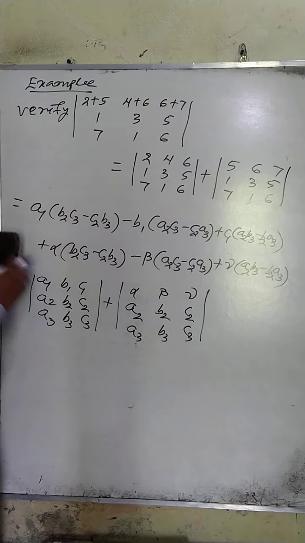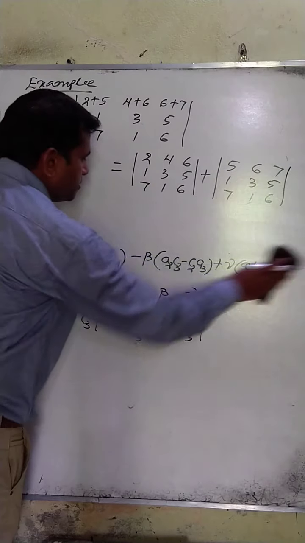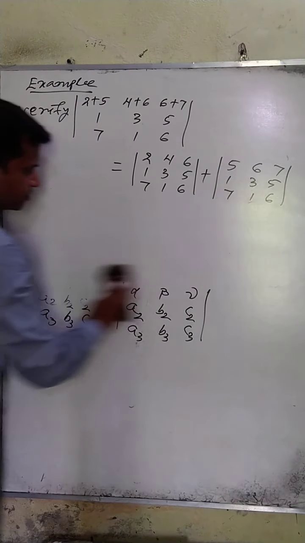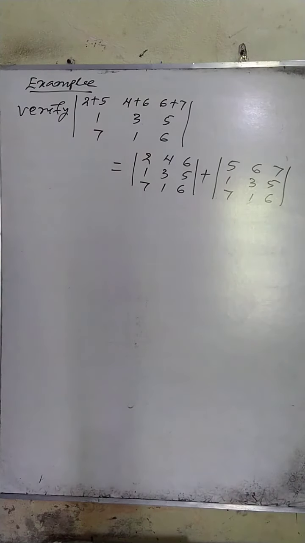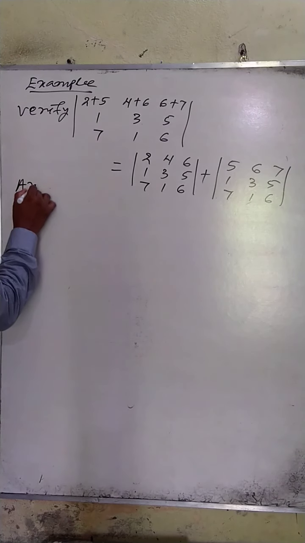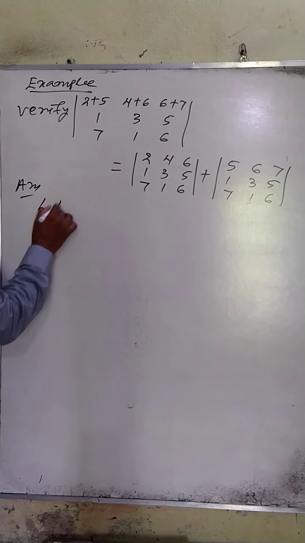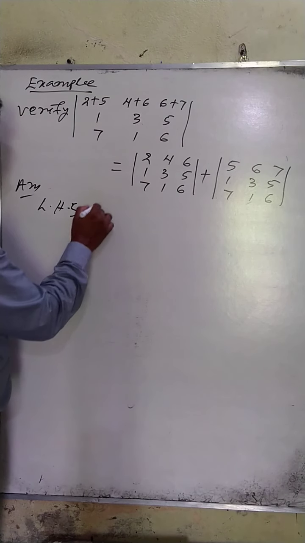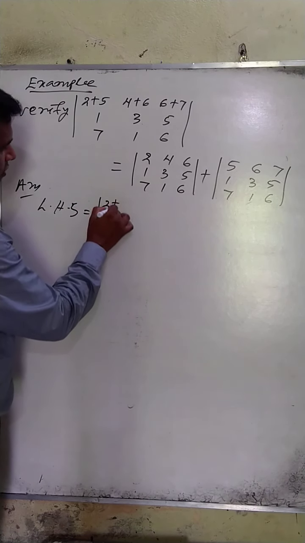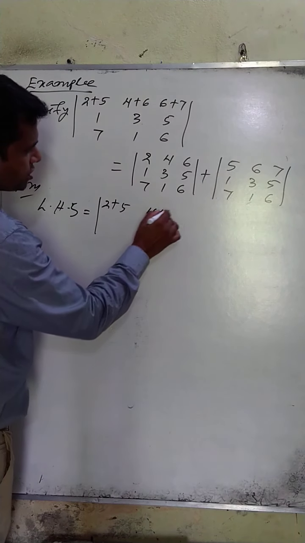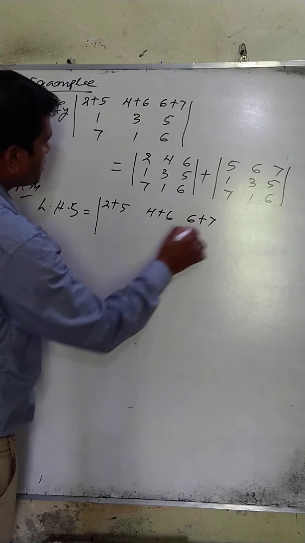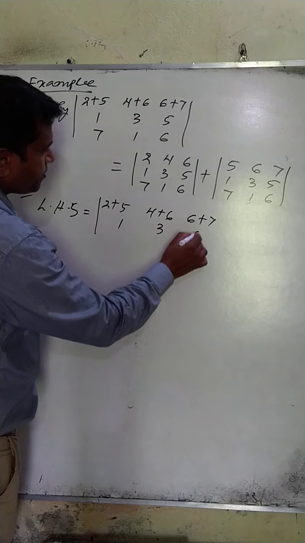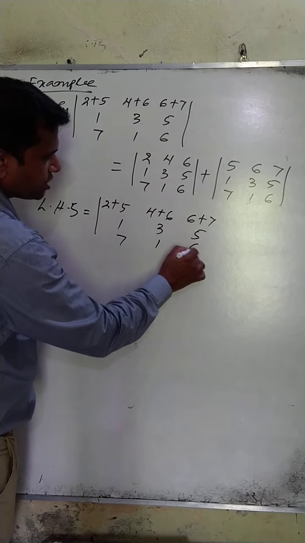Okay, now we verify it. Answer: LHS equals 2 plus 5, 4 plus 6, 6 plus 7, 1, 3, 5, 7, 1, 6.